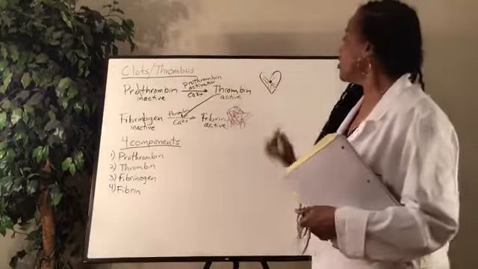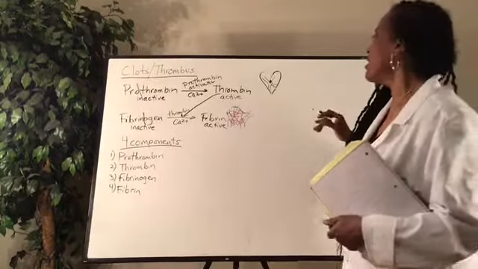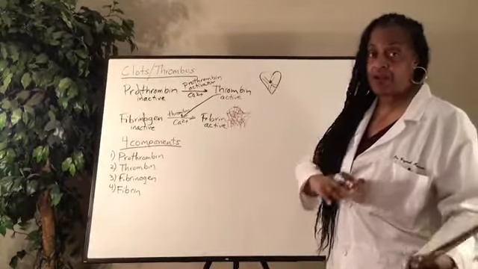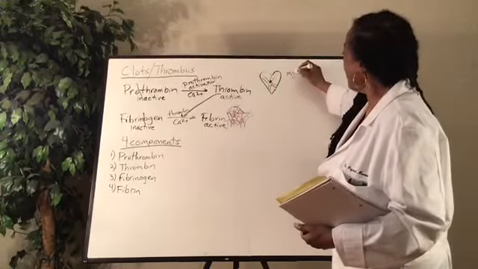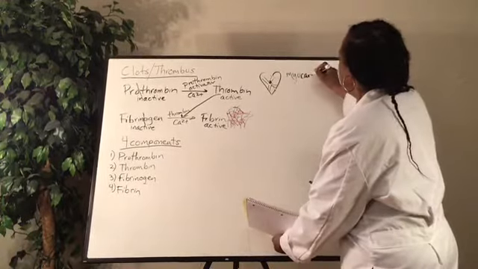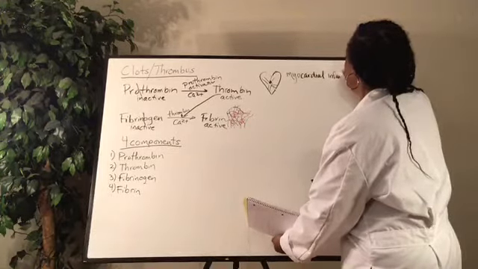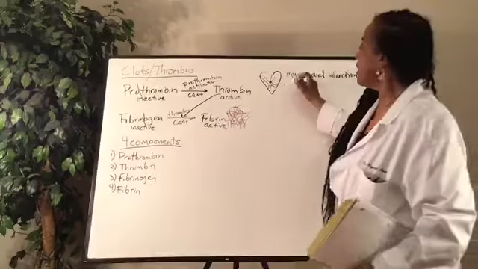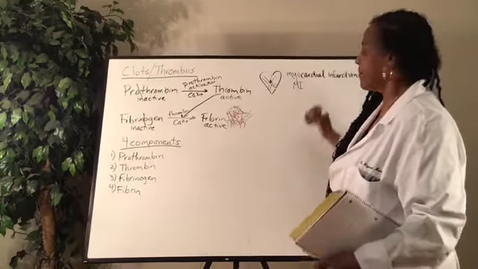This particular clot in that artery in the heart has caused blood to stop flowing to certain areas of the muscle of the heart. So this will be called a myo for muscle, cardio for heart, infarction for lack of blood. We also call that an MI, right?